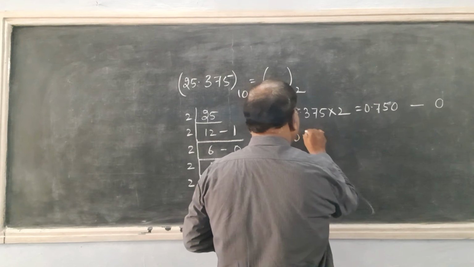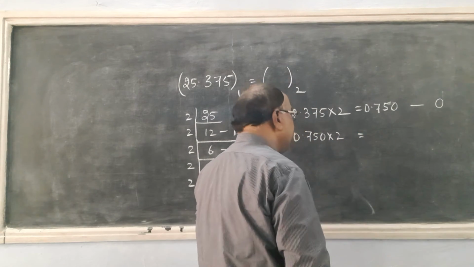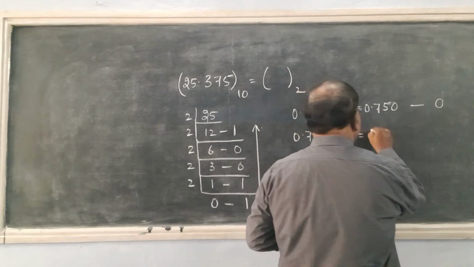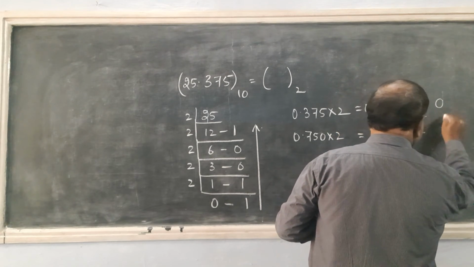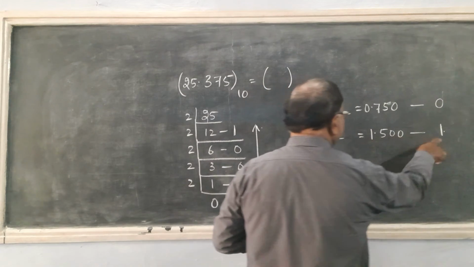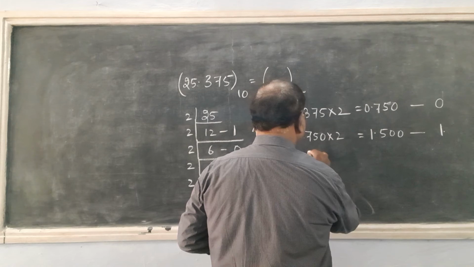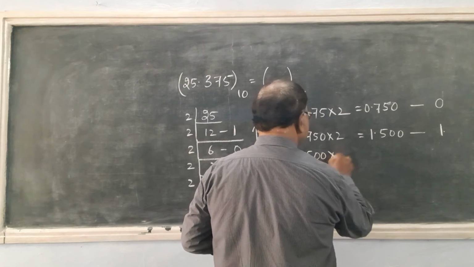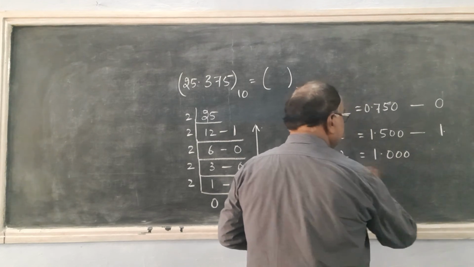Now you take 0.750, multiply it by 2 again. So this is 1.500. So this is a 1. This 1 you should write as a remainder. Now you take only the fraction part 0.500 times 2. This is 1.00. So this is the last step.